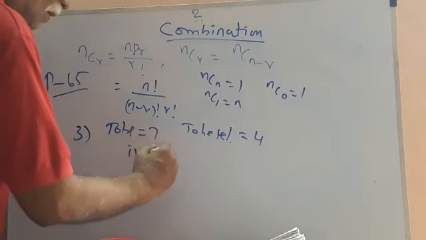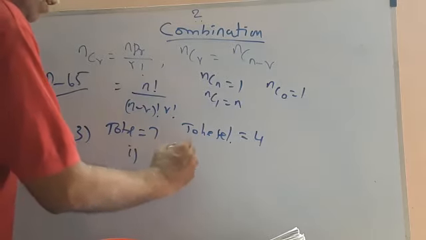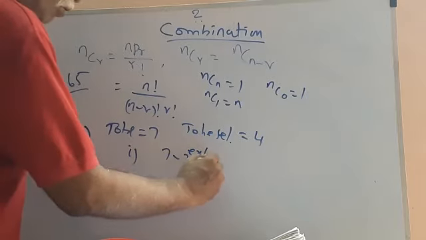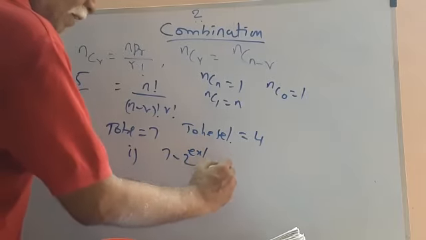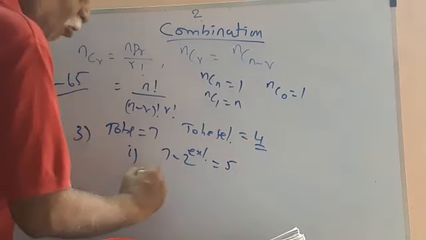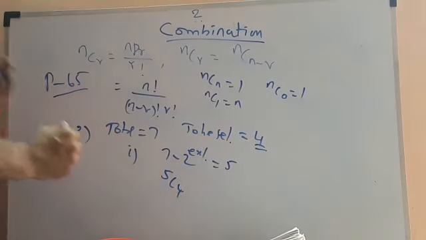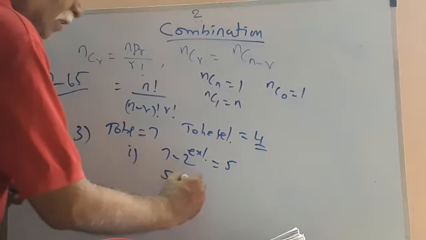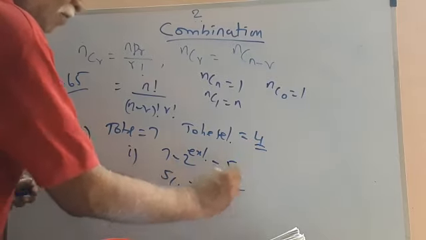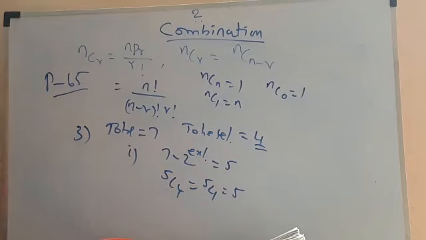Very similar to the previous one. So I have to exclude these 2. So 7 minus 2, 5. So I have to make the selection of 4 out of 5, which is possible in 5C4 ways. 5C4 is the same as 5C1, 5 ways. So the answer for the first part is 5.